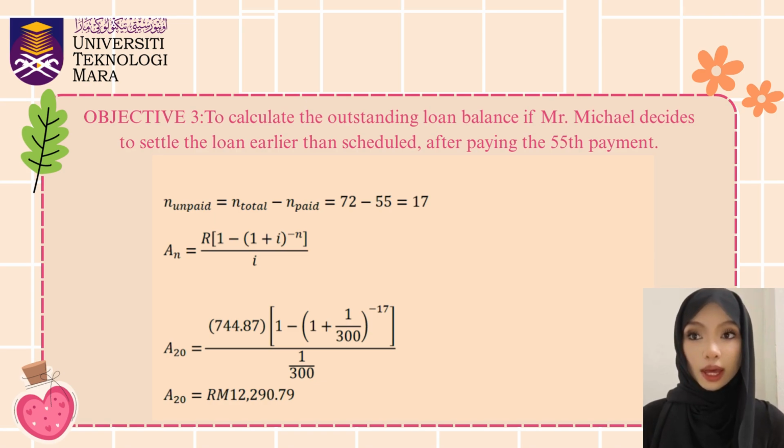N unpaid equals N total minus N paid, equals 72 minus 55, equals 17. A_N equals R times (1 minus (1 plus I) to the power of negative n) over I. A17 equals 744.87 times (1 minus (1 plus 1 over 300) to the power of negative 17). Final answer, A17 equals RM12,290.79.